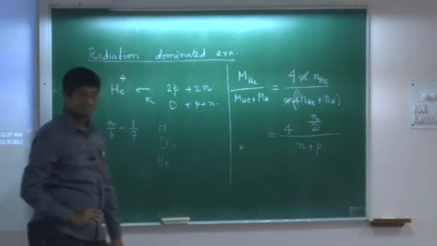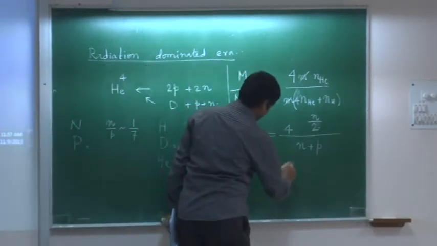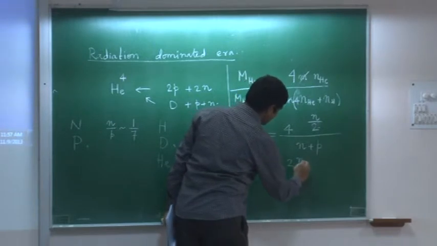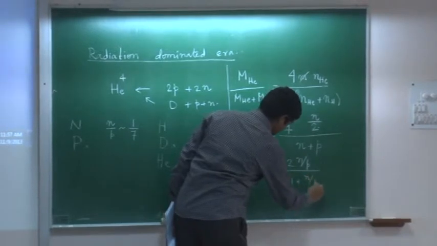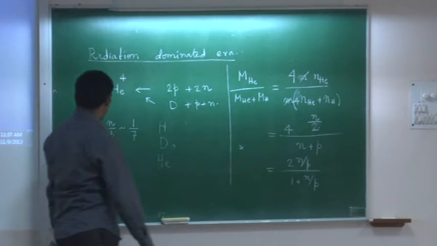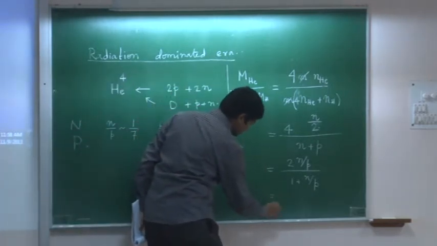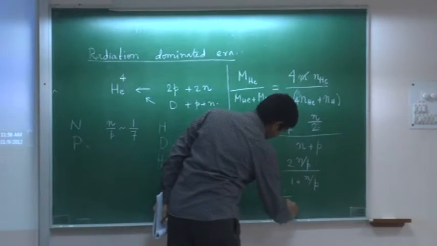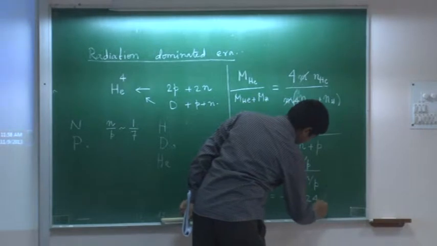Nothing else is there, right? So this is 2n. And if you put back 1/7 over there, what you get is 1/4. This is approximately 25%.